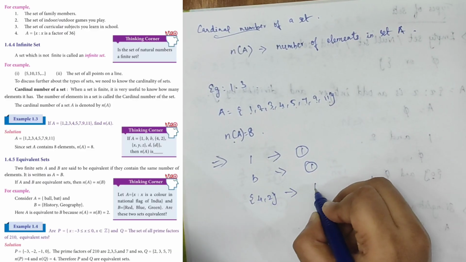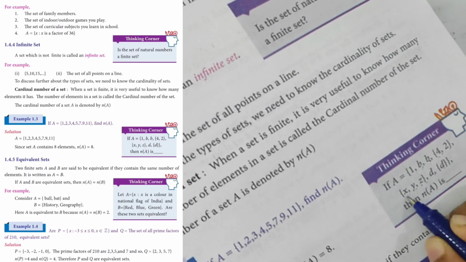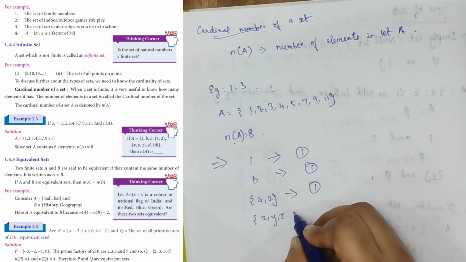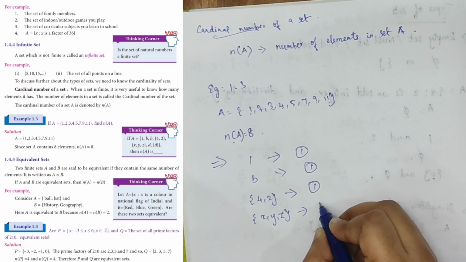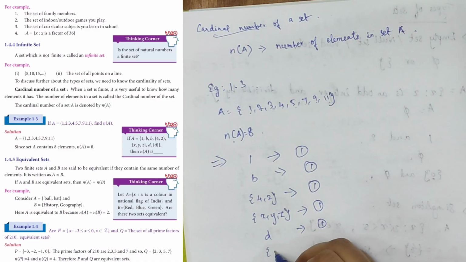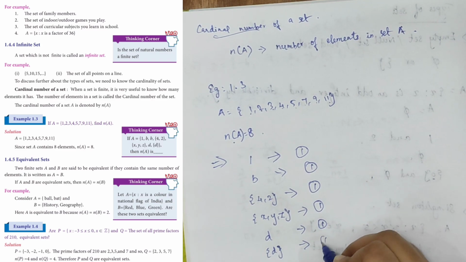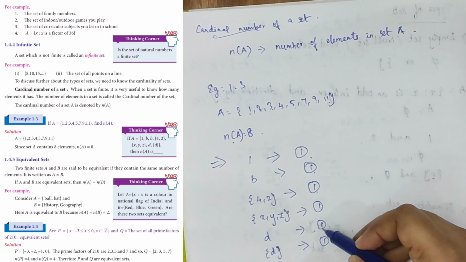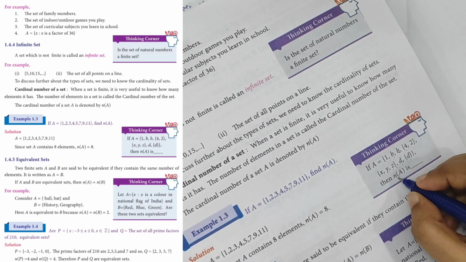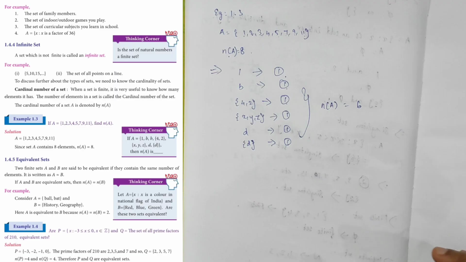So we are counting it as 1. {x, y, z} is a set, right? So we are counting it as 1. d, we are counting it as 1. And set {d}, we are counting it as 1. So totally 1, 2, 3, 4, 5, 6. Totally n of A is equal to 6. Understood? n of A is equal to 6.